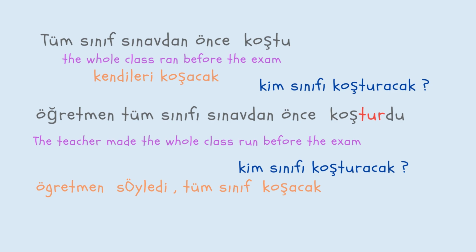The teacher made the whole class run before the exam. In this case, öğretmen, the person who says, tüm sınıfı, the pupil who's going to do the action, followed by the action itself, koşturdu. That's it for today.